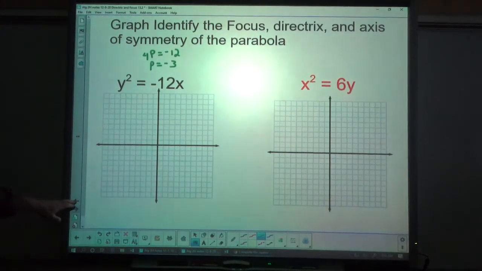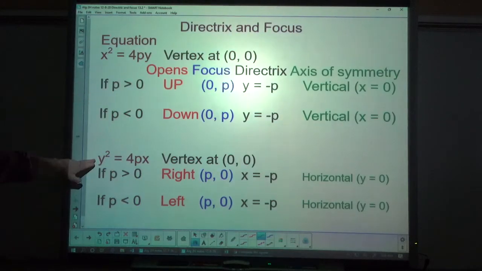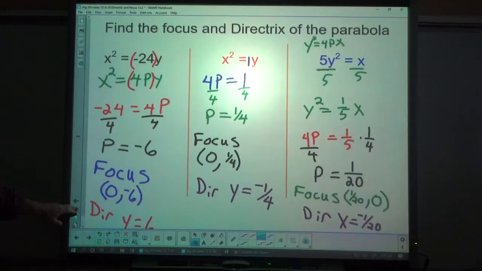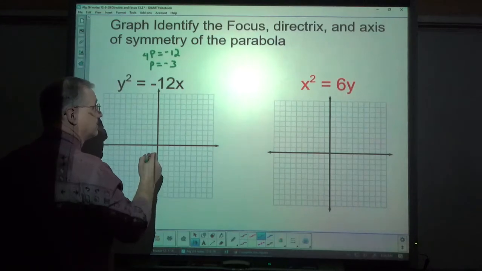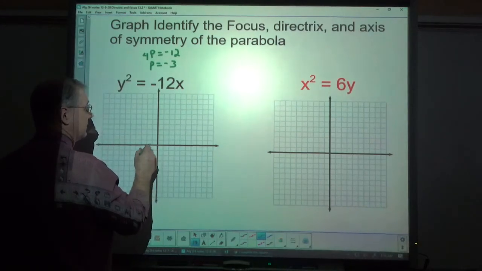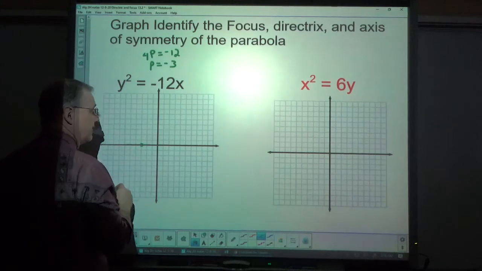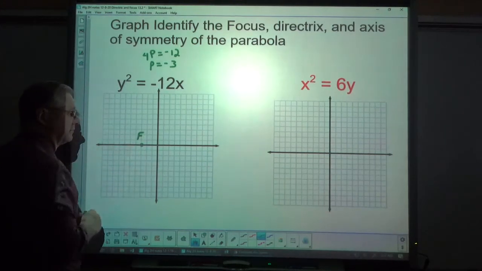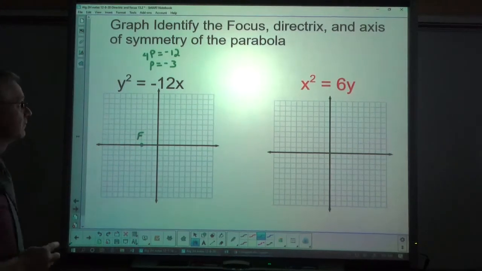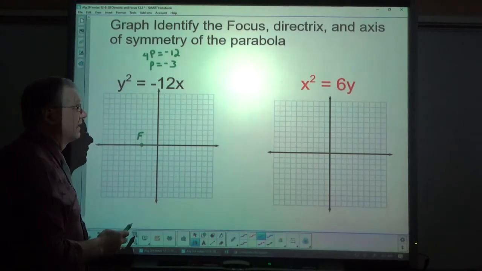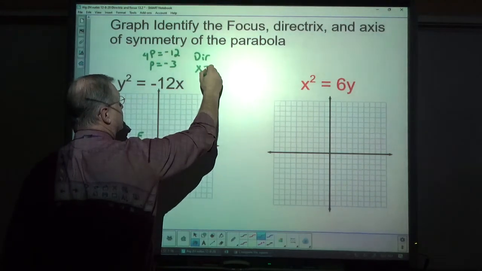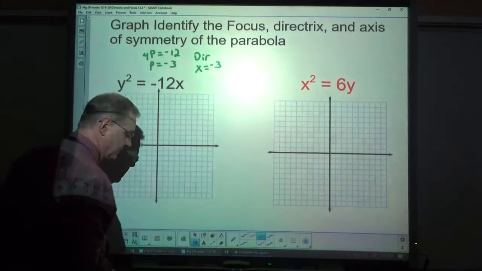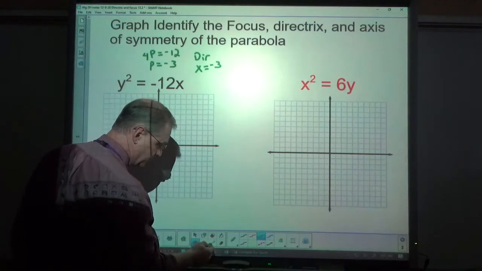All right, and again, y squared, p, 0 is your focus, because it's the one where x. So focus is at negative 3, 0. That's your focus. Just put a little f there. Your directrix is the line x equals negative 3. So let us put a line.